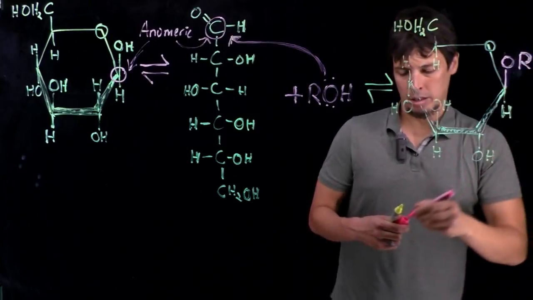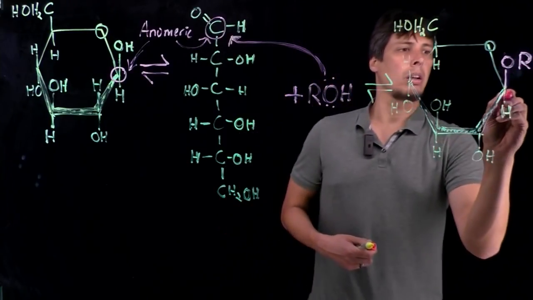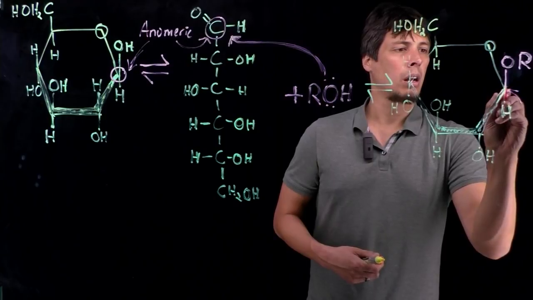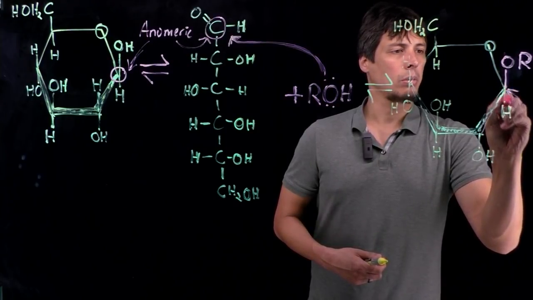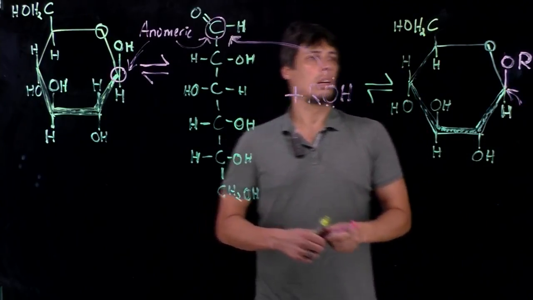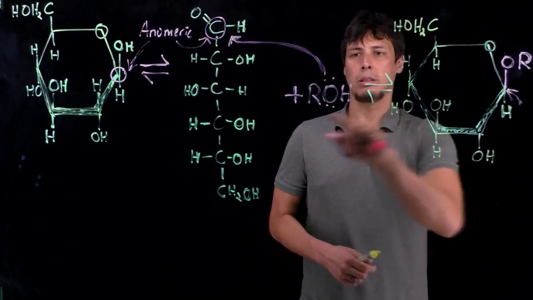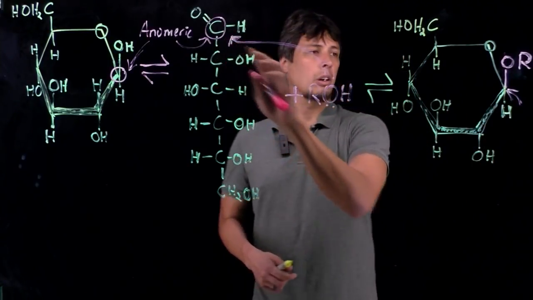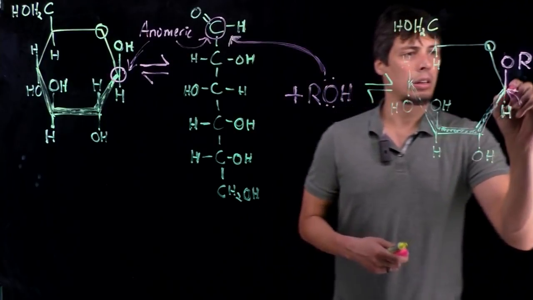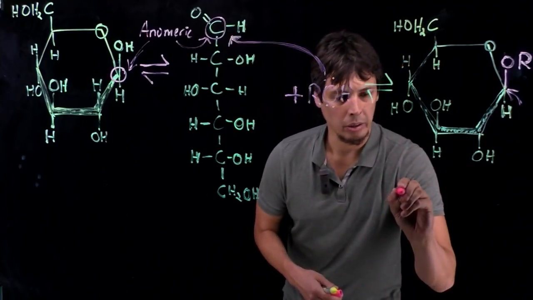All right, and so again, remember, this is our anomeric carbon here. And the result of the reaction of the alcohol group with the anomeric carbon is what's called a glycosidic bond.